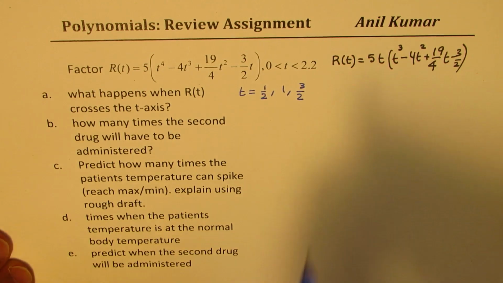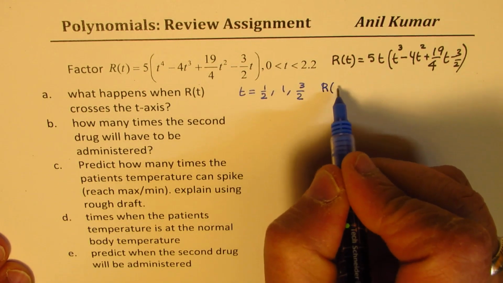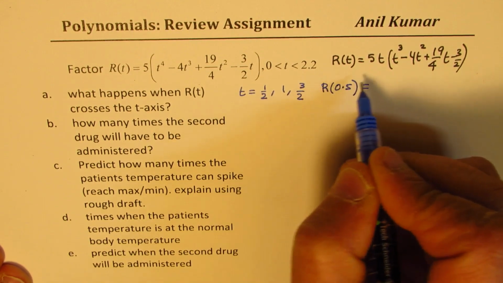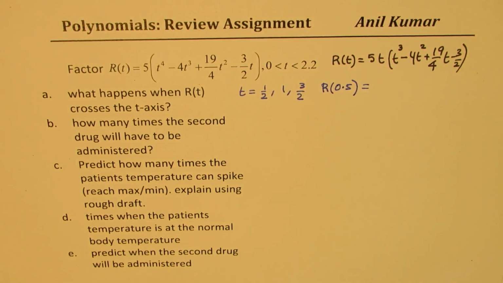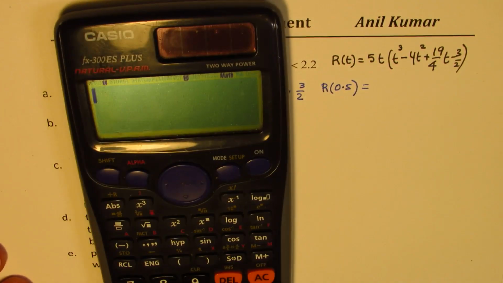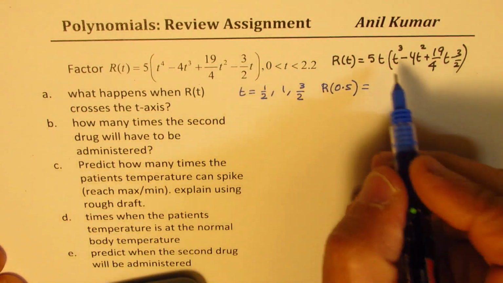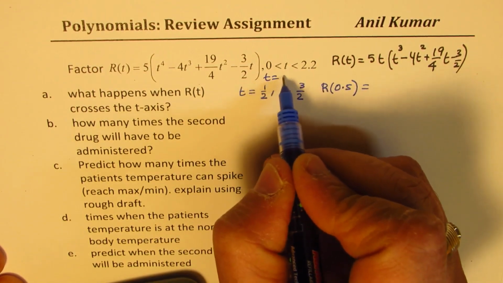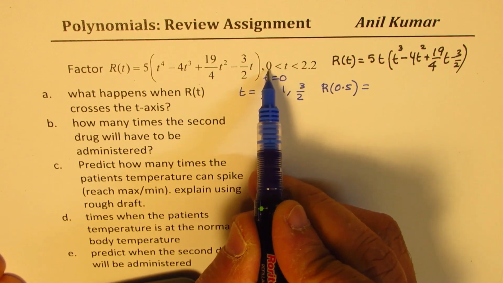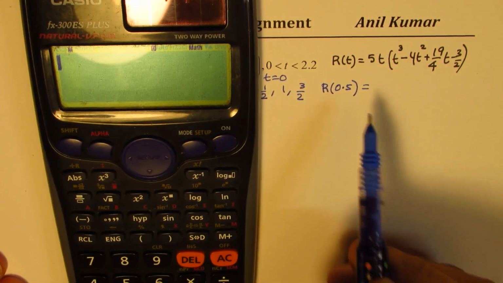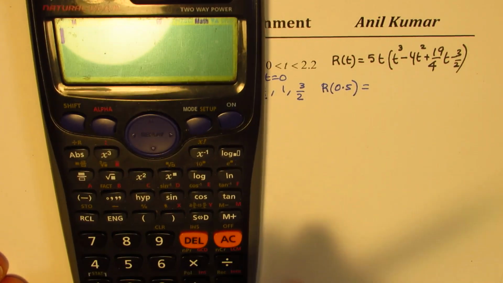So let's try the value of r for half. Let me write 0.5 here. We'll convert them all to decimals and then figure it out. If I place half as my value, and of course, as you can see, t equals 0 is one of our solutions, since it is not greater than 0, I'm not taking that. So if I substitute 0.5 within the brackets, what happens?